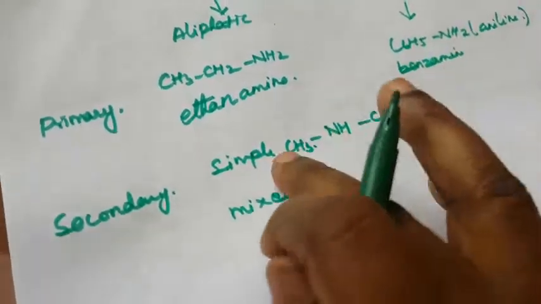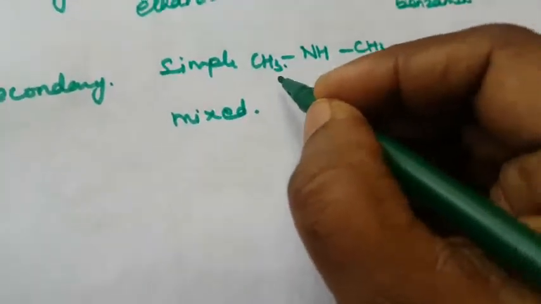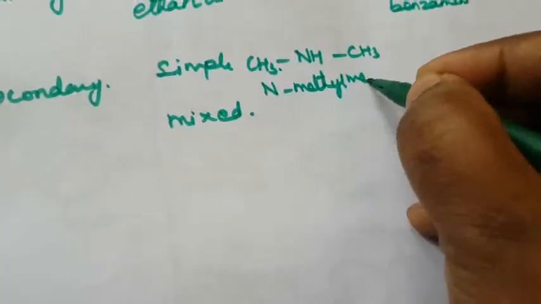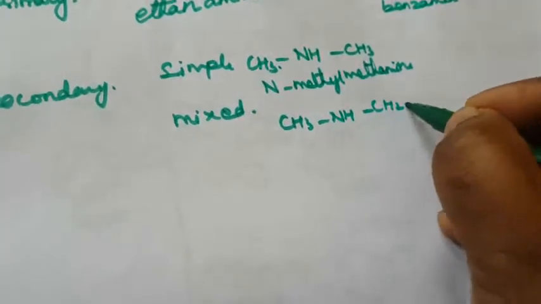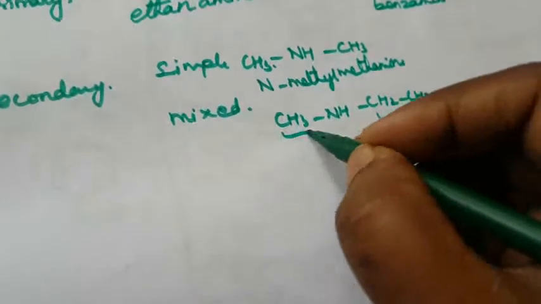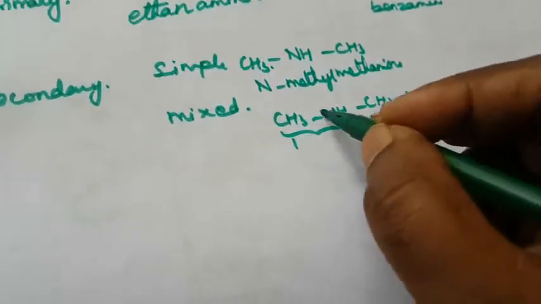Both sides are the same, so it is called simple. Then what is meant by mixed? Here one CH3, then NH, then CH2CH3. So here two carbons on one side and one carbon on the other side of the middle NH. What is this compound name?